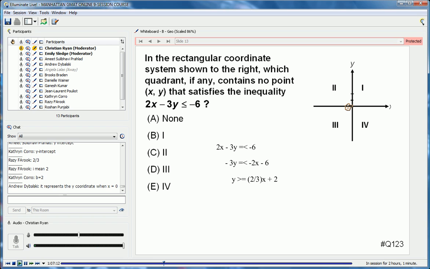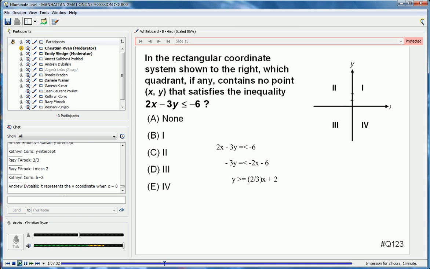And what soldiers do, they do what they're told. And what they're told to do is to move wherever this thing tells them. And the soldier who's at the origin, who's at 0, 0, is told, move to 2/3 times 0 plus 2, which means that that soldier moves to right there.